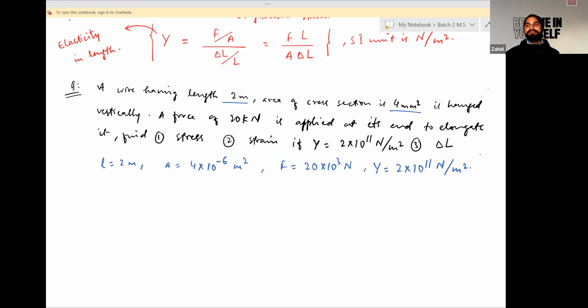Good, Sabita. Muhyiddin, just check your calculation.